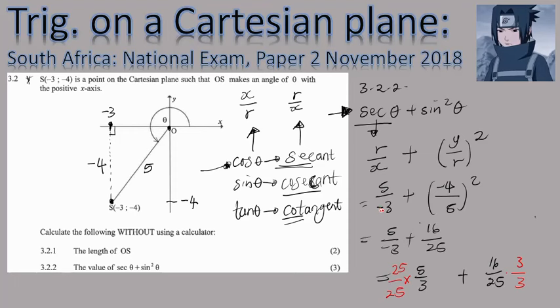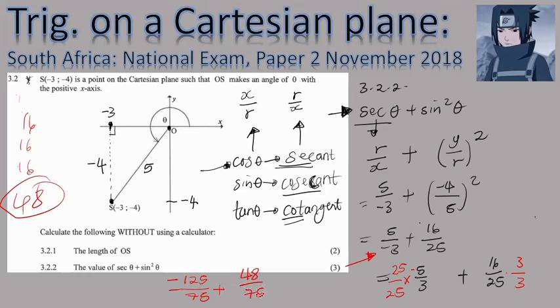That gets me to 25 times 5, which is 125, all over 75, plus, and remember this is negative, so I put a negative above there. The negative sign belongs to the numerator. And then I have plus 16 by 3, that is 48, so this part gives me 48 all over 75.